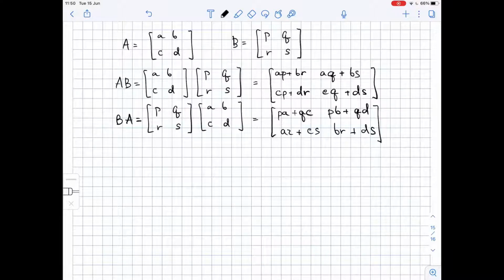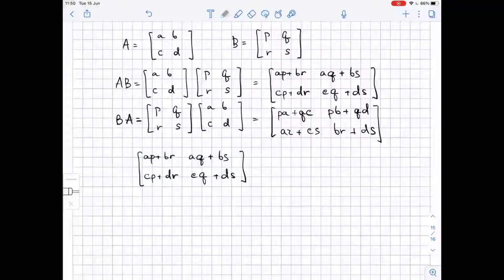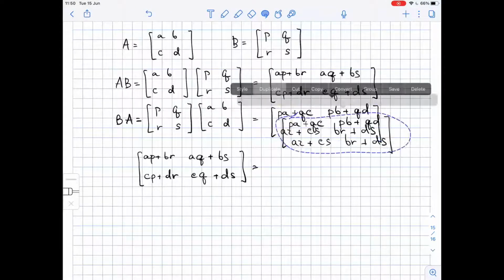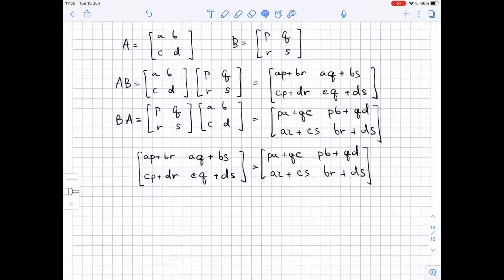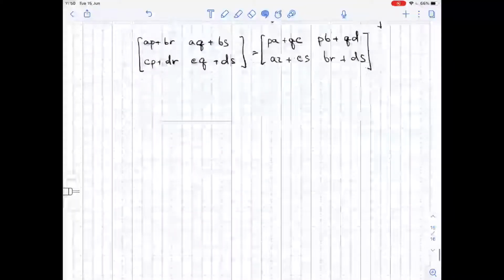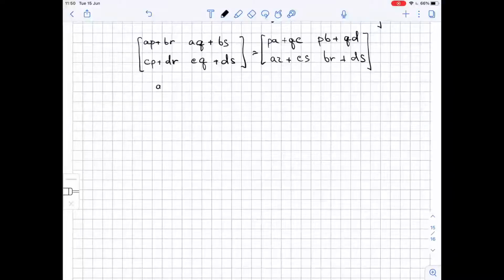Okay, and now we need to have these two matrices be equal. Two matrices are equal if all of their entries are equal. So that means that ap plus br equals pa plus qc.